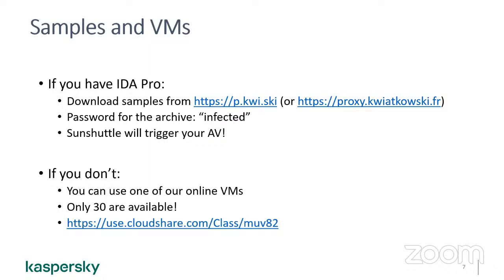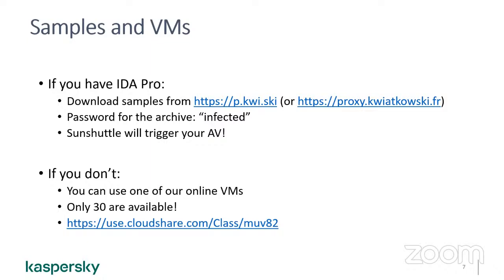Otherwise, if you don't want to work on everything locally, you can find the archive that contains all the samples that we will be using today on this server, p.kwi.ski, which is shorthand for proxy.kwiatkowski.fr. And in there should be, if I remember to clean all my wires, only one archive.